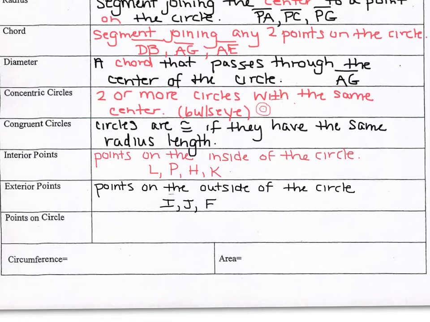And I know you're expecting me to say points on a circle, but for points on a circle, I'm going to give you a little bit different definition. I'm going to say a point is on the circle if its distance from the center is equal to the radius.